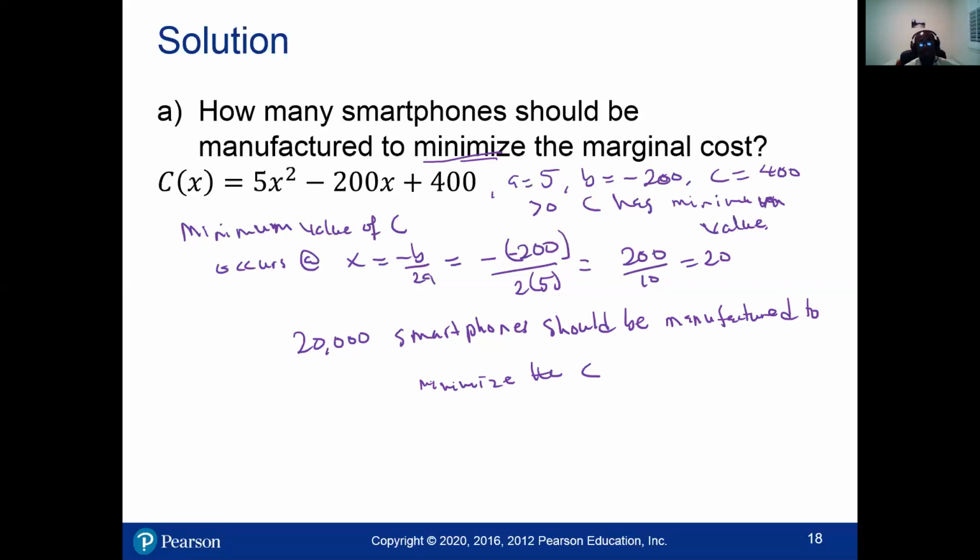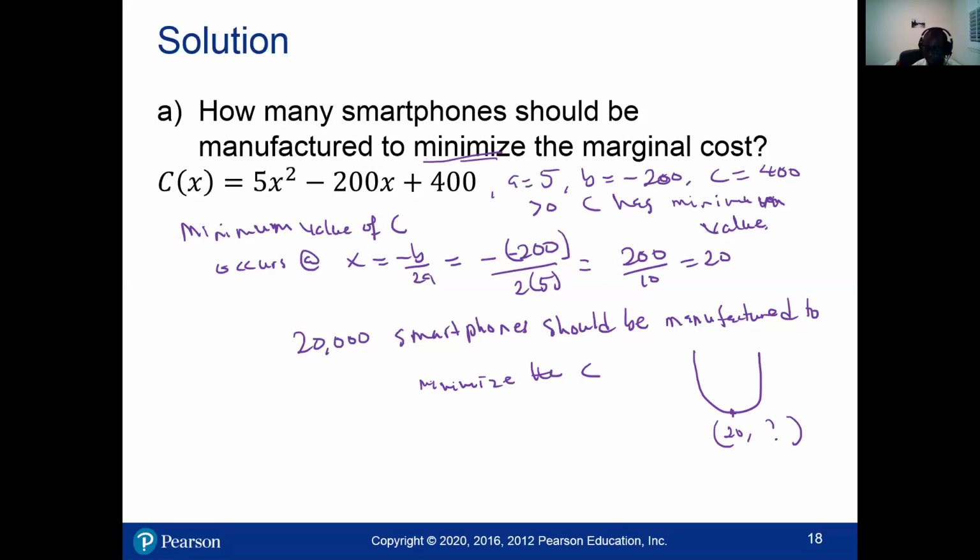It means that if we don't manufacture this number of smartphones, if you manufacture less, the cost will be higher. If you manufacture more than 20,000, the cost will also be higher, because if it's a minimum, this is how the graph looks. So your minimum occurs at x equal to 20.